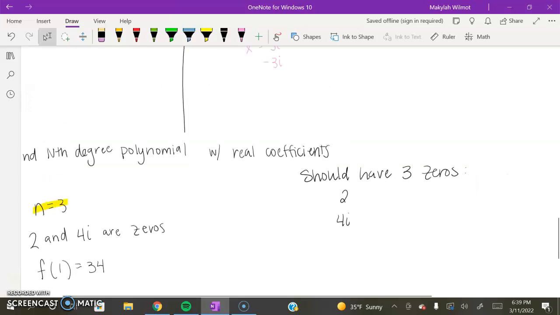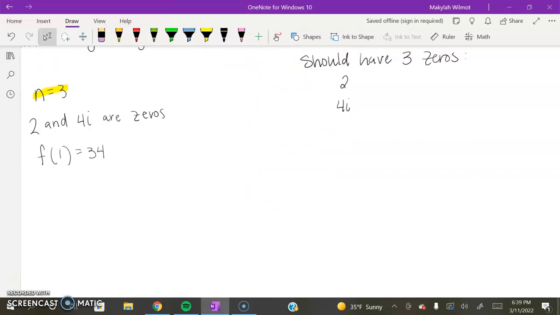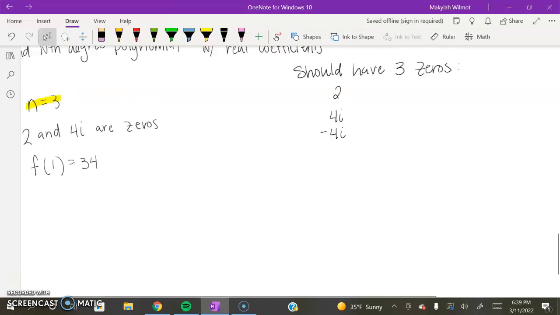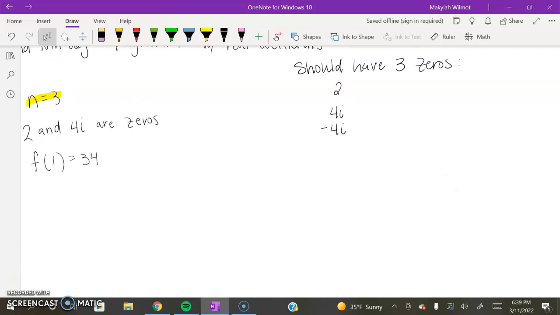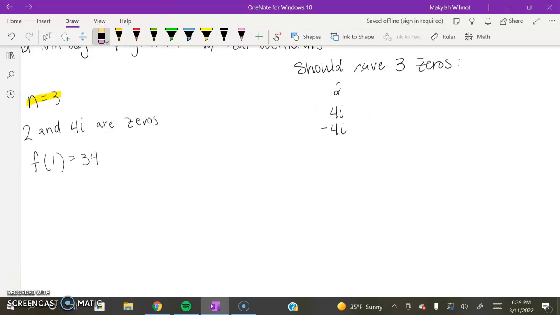Well, remember when we came up here, whenever we have our i's, we have to have a positive and a negative. So we also know that negative 4i is a zero because of that. So because we have this, remember when we have zeros, this means, why is this not my entire stroke? There we go.